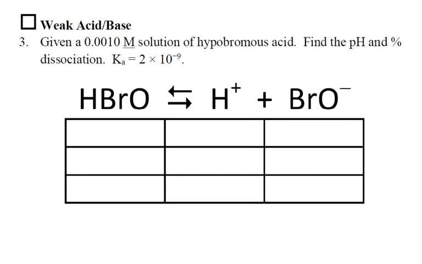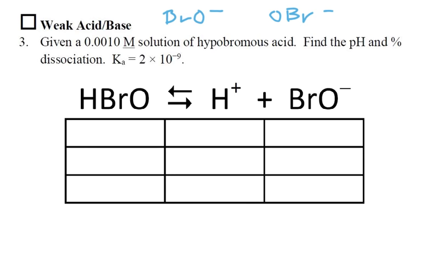Now the next problem is talking about the weak acid, and this is hypobromous acid. Now we learned all our different ions, so the hypobromite ion is BrO negative. You will also see this written as OBr minus. So the hypo, a lot of times they turn that one around.